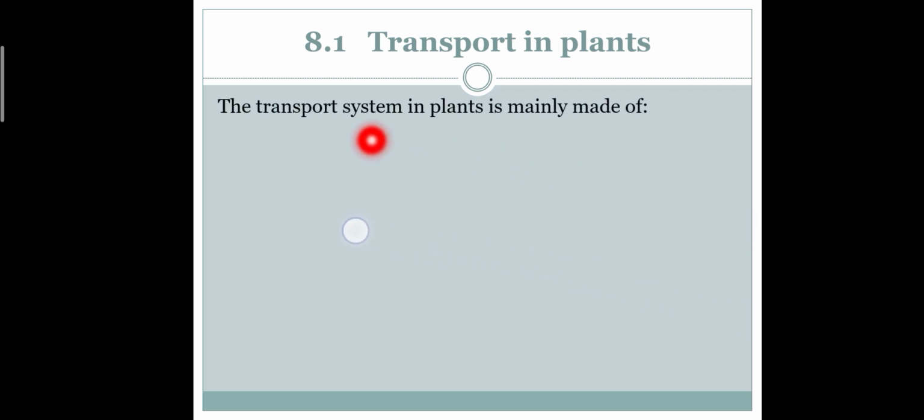The transport system in plants is mainly made up of xylem vessels and phloem vessels. Now we will discuss the function of these two vessels.